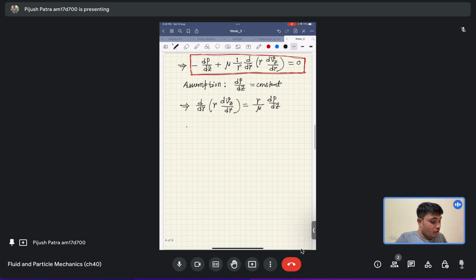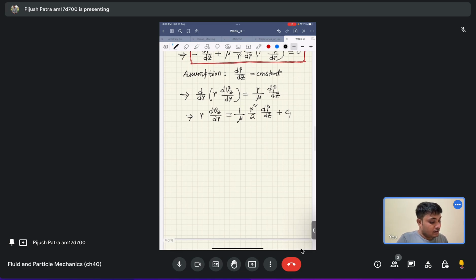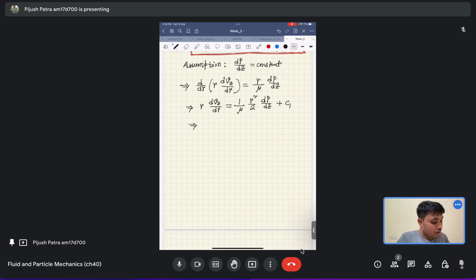So if I integrate once, now what I am getting, r dVz/dr is equal to 1/mu r²/2 dp/dz plus some constant c1. Am I right? Yes. Now let us write down a few more steps.